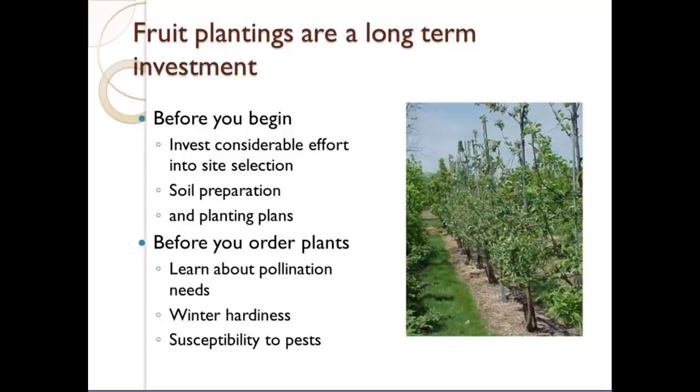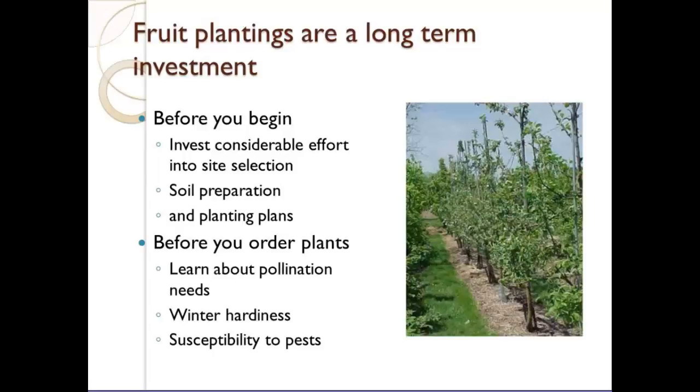So you really need to spend considerable effort on site selection, because if you do a poor job and the trees or bushes don't perform well, then you've got an investment that will require even additional income to make corrections. It can be rather expensive.